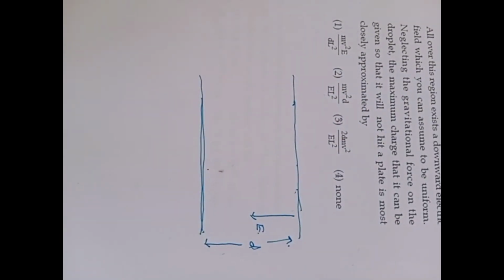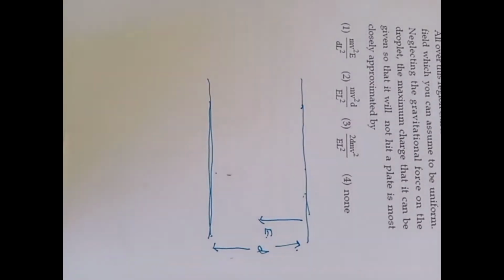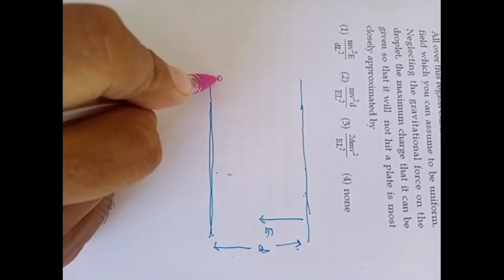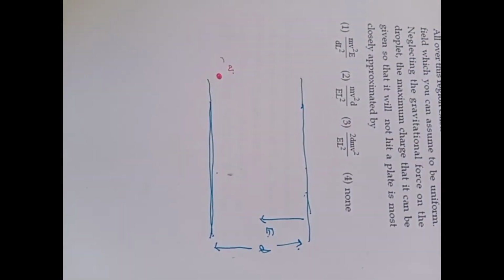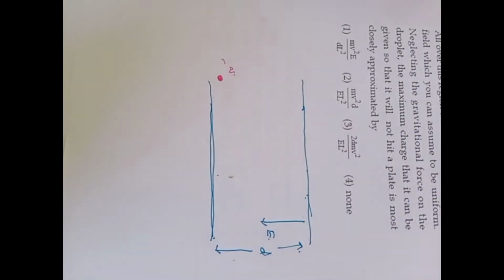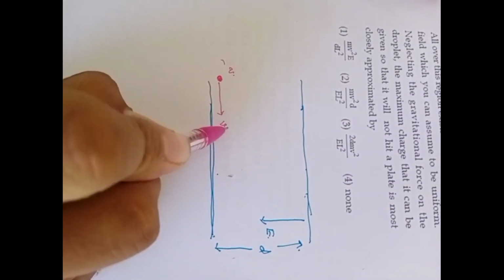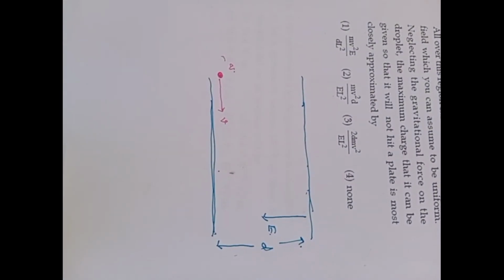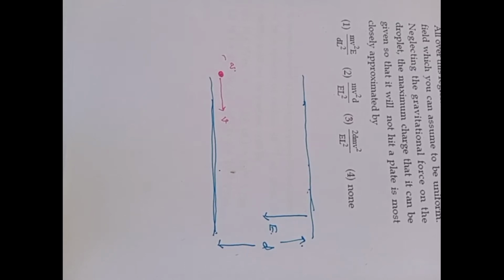Clear? Then a charged particle, a negatively charged particle, enters into that region with velocity v. The point is clear: a negatively charged particle, minus q, enters with velocity v.